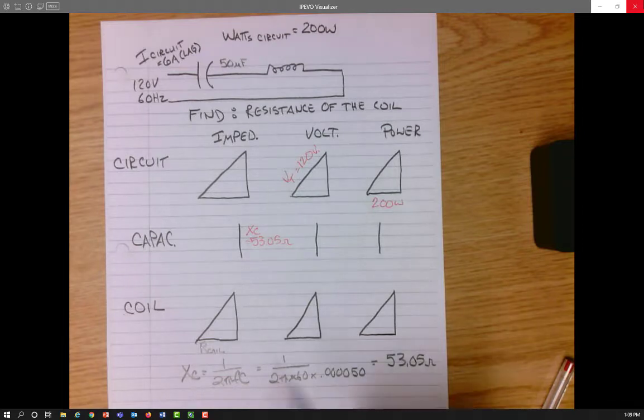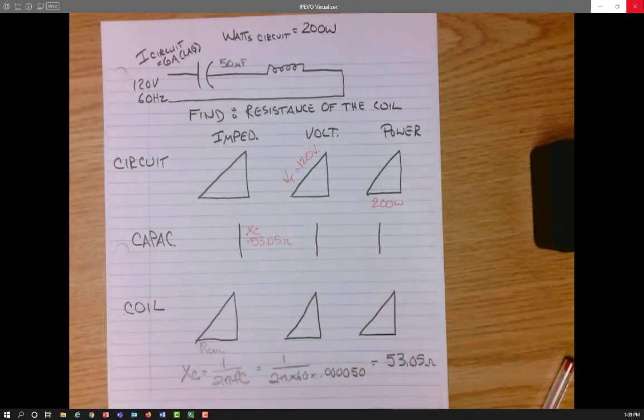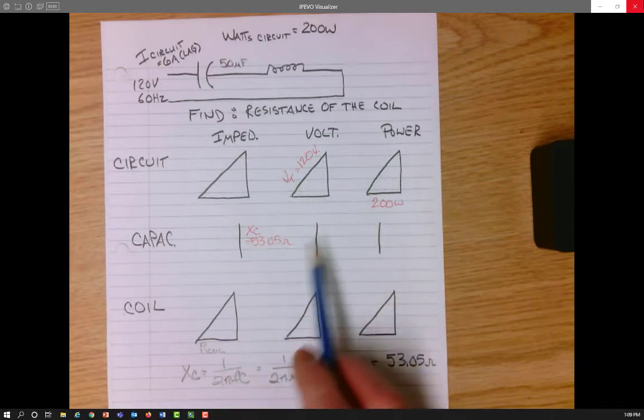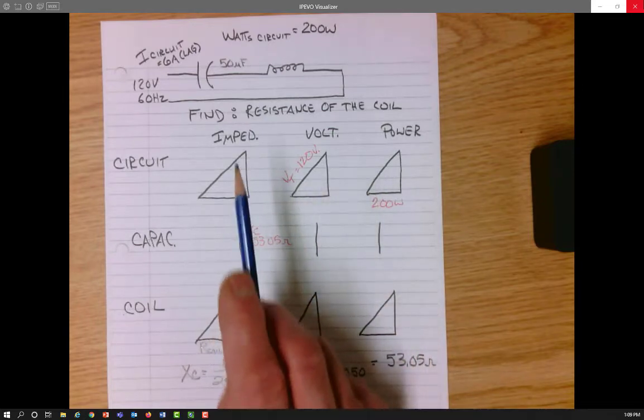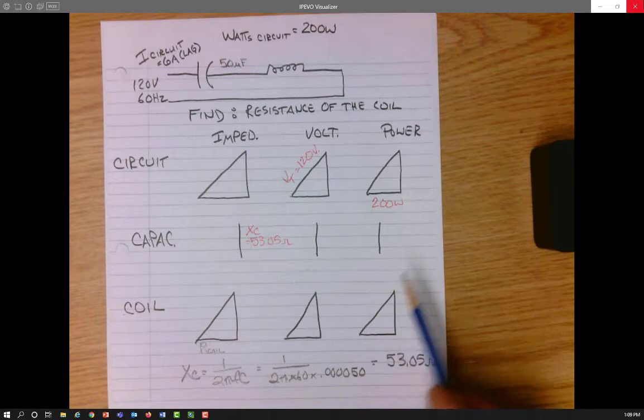What we really need to do is work with the triangles we have and the information we have on them to try and find the values that we're looking for. So what I'm going to try and do is work the information I know from the circuit triangles and from the capacitor triangle backwards to the impedance triangles for all of them, because it's a resistive value on an impedance triangle that I'm looking for.